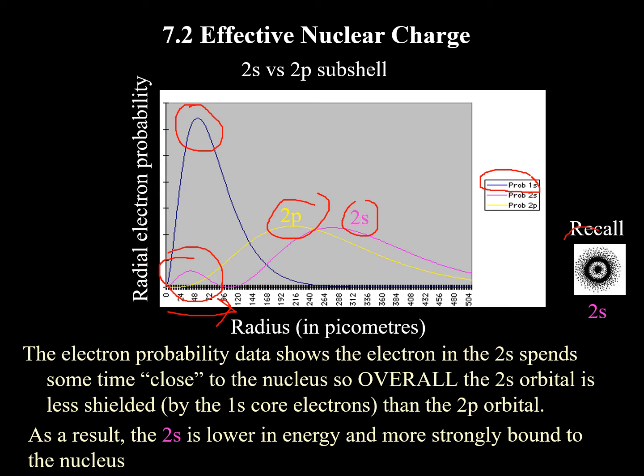This picture shows you have some electron density closer to the nucleus for the 2s, and a majority on the outer part. So overall, the 2s is less shielded by the 1s core electrons than the 2p. And therefore, the 2s is lower in energy and more strongly bound to the nucleus.